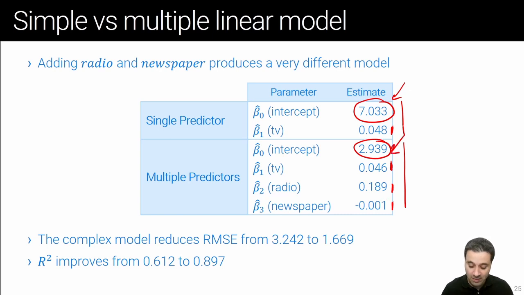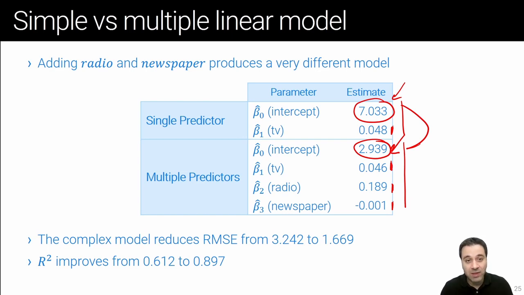So what we can get from these results is that in this first model, the 7 units were already accounting for some of the advertising on radio or newspaper. So it's not that we sell 7 units if we don't advertise on TV. It's that, for those values of the advertising, we were anyway advertising radio and newspaper probably. So that's what we are observing there, the difference between these two coefficients.